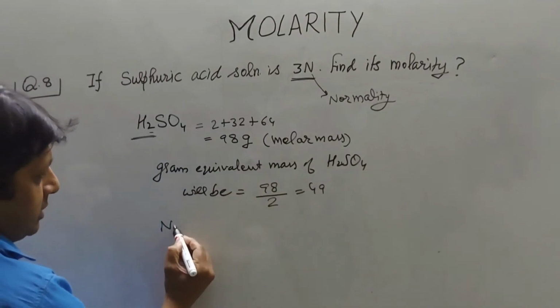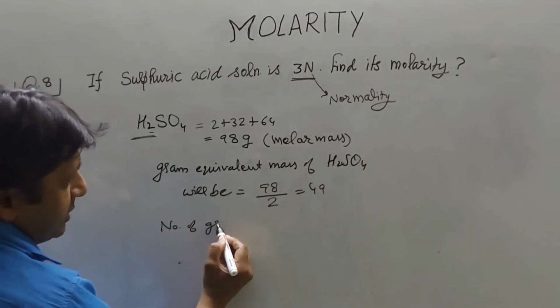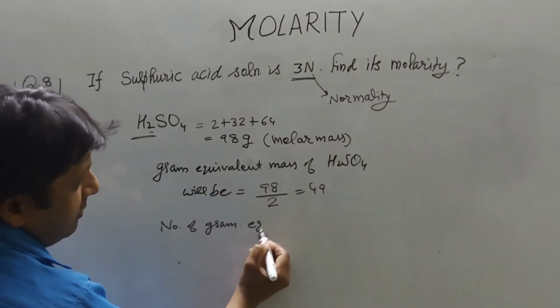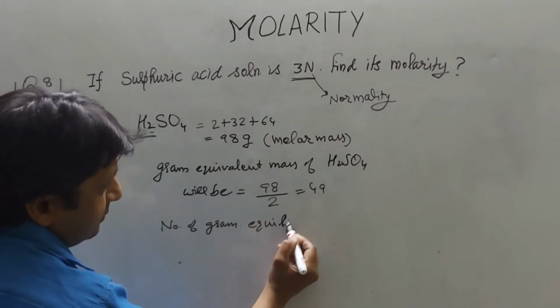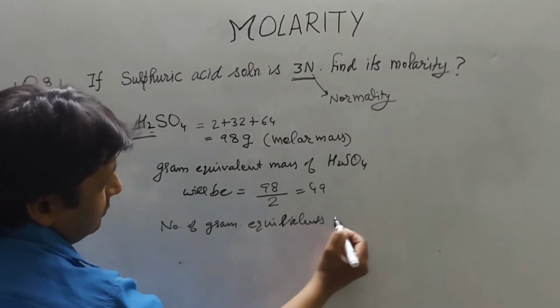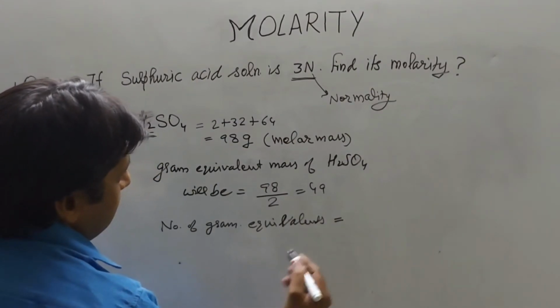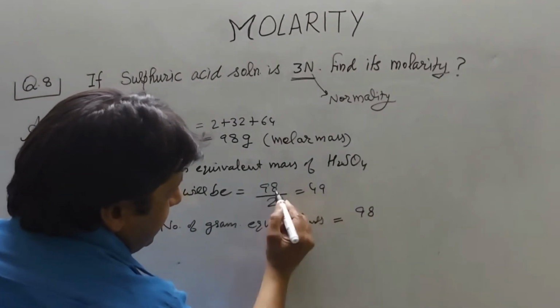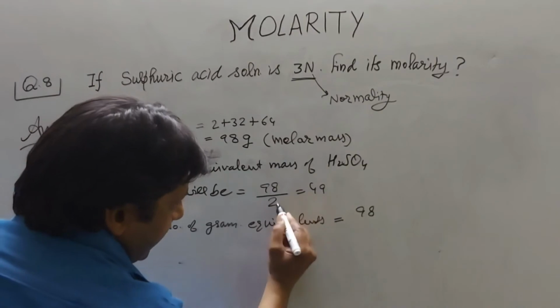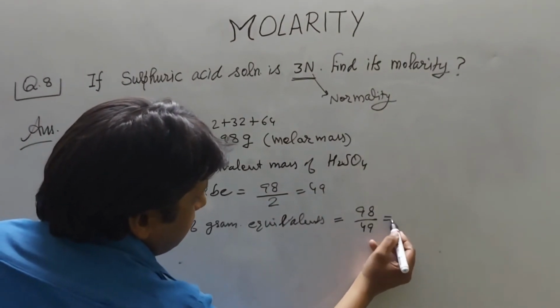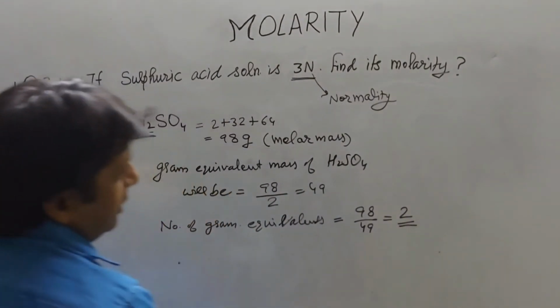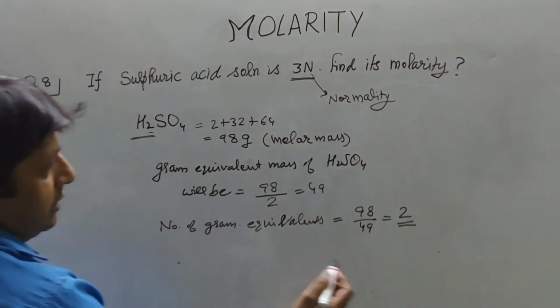Gram equivalent mass, number of gram equivalents will be 98 divided by 49, this is equal to 2. Let us try to understand.